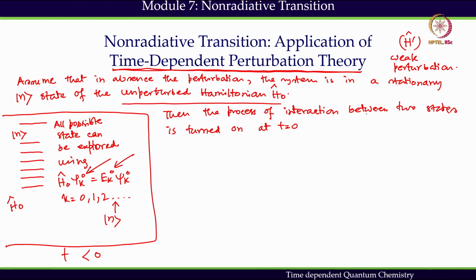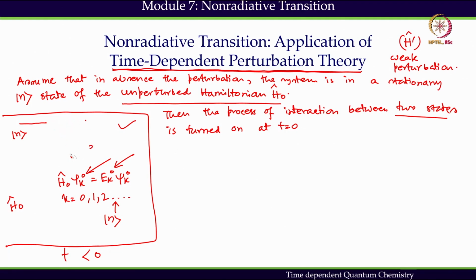And what are the two states? The two states which are available. Here I have some states which are available. So the n state, let's say I'll erase all the other states. I do not need all these states, this was just for information. Now I have the n state and then there are other states also.